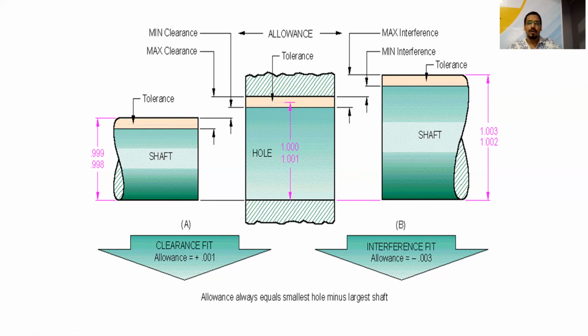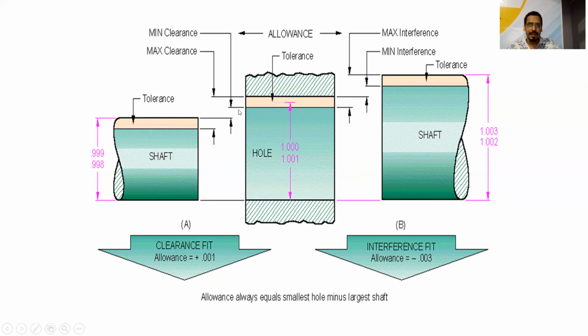So according to the previous discussion, in case of clearance fit, we have two types, that is the maximum clearance and the minimum clearance. So from this we can easily find out what is maximum clearance, what is minimum clearance.